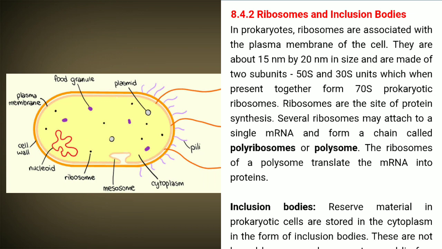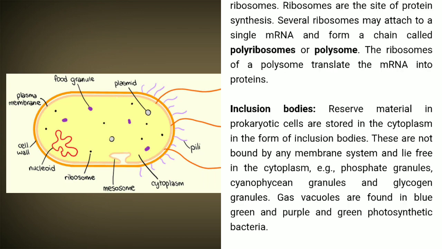Along with that, prokaryotic cells also have inclusion bodies, which can store reserve food material. These inclusion bodies can be in the form of gas vacuoles. These gas vacuoles are free floating, and can also be photosynthetic in nature.